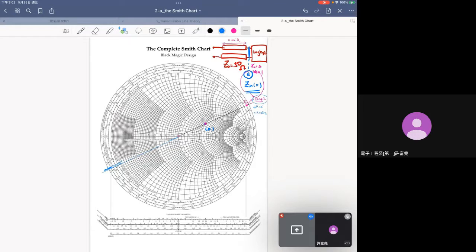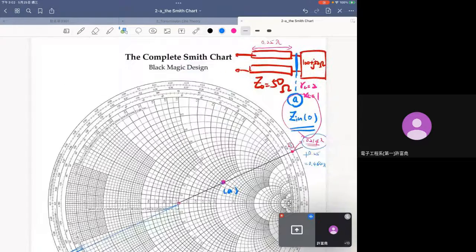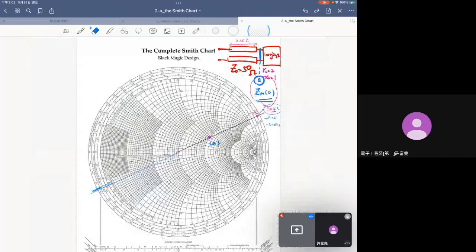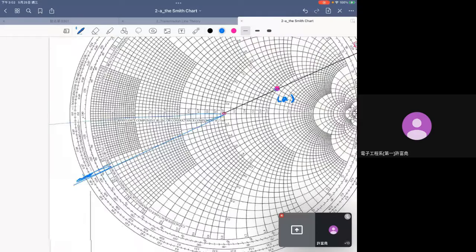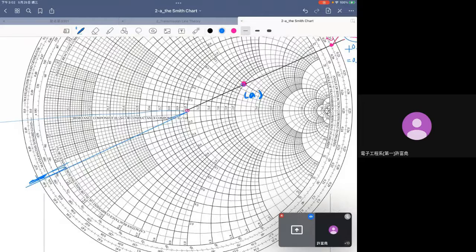But sometimes for my question, I will give you an answer like 0.3 or 0.4. Then your new position will change to some other place. It depends on the new number. This is the wavelength.